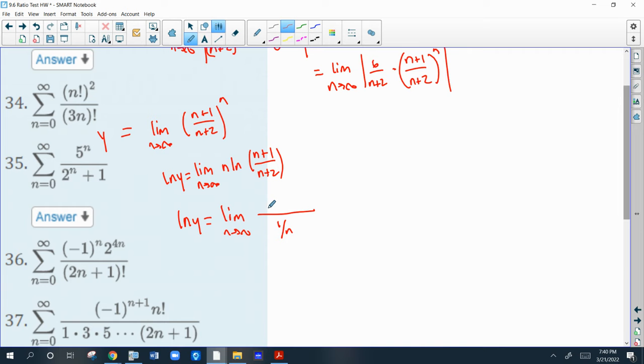So this is the same thing. So we have the natural log of 1, which is 0, over 1 over n, which is 0, or 0 over 0.